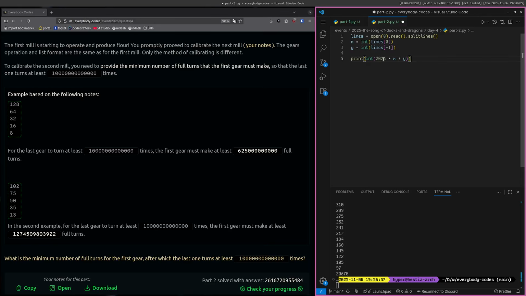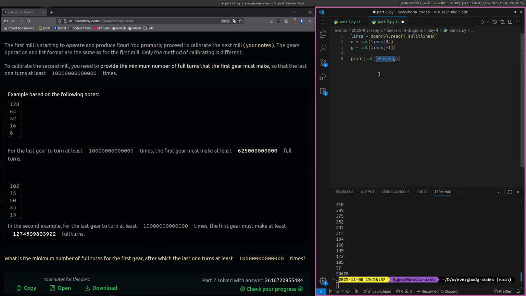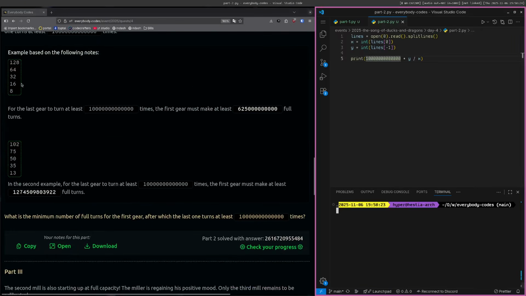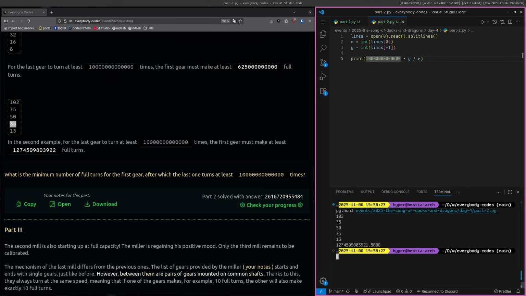And so input is exactly the same, but this time we're going to take this value, multiply it by y, and divide it by x. And so, looking at this example, this gives us a value telling us that we need to turn it a bit over this many times and a half.